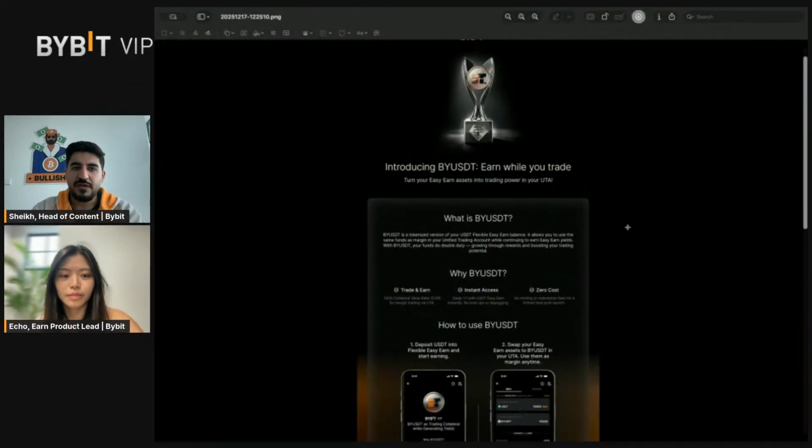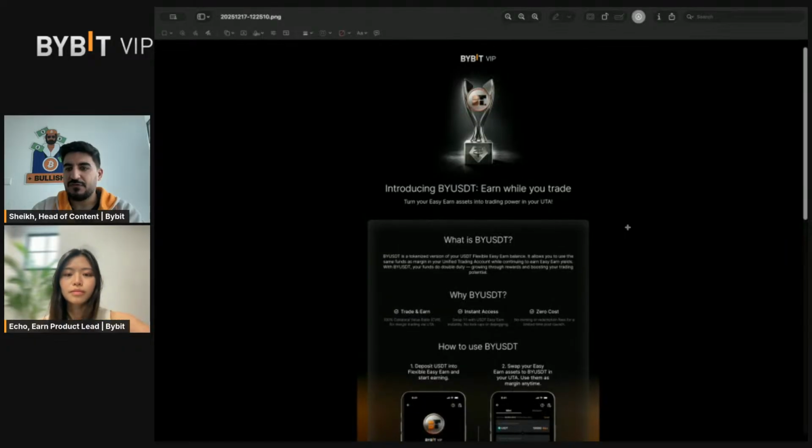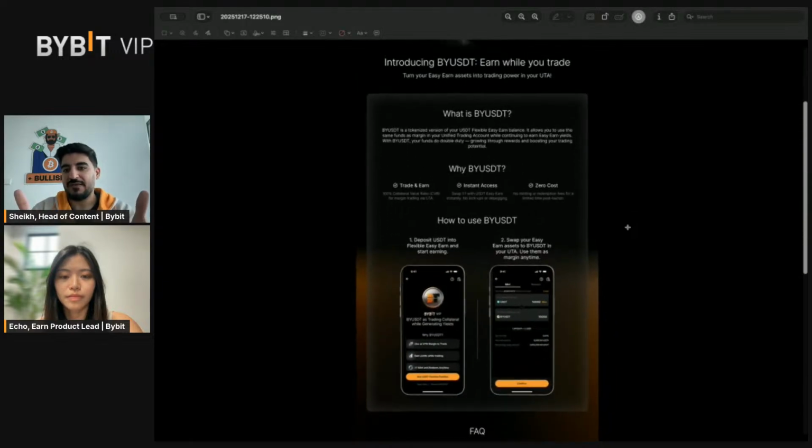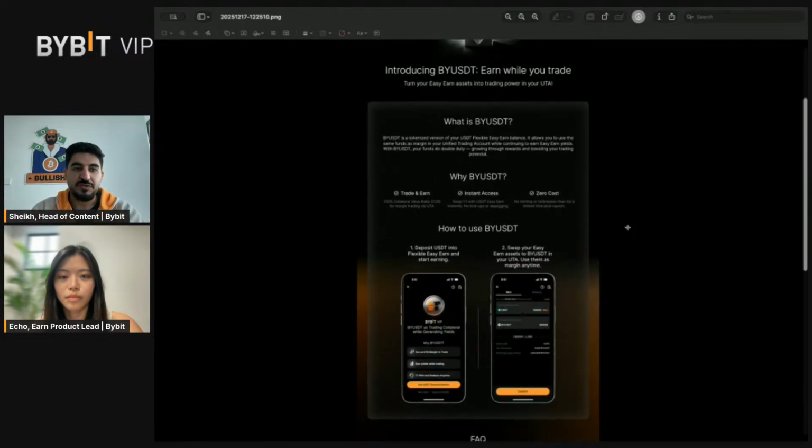As you can see on your screen, it doubles your fund utility by earning you yields while you can also trade with it at the same time. Just imagine having the same funds in your trading account, generating a good amount of yield, and you can still use them to trade in the Bybit ecosystem. BuyUSDT is 1:1, which means it is swapped and redeemed from your flexible Easy Earn USDT position.